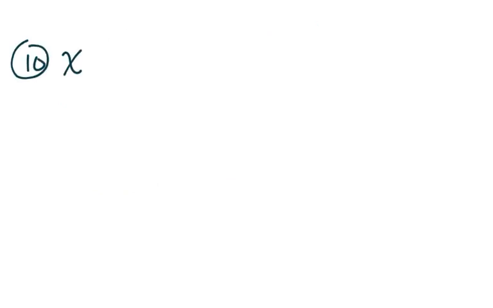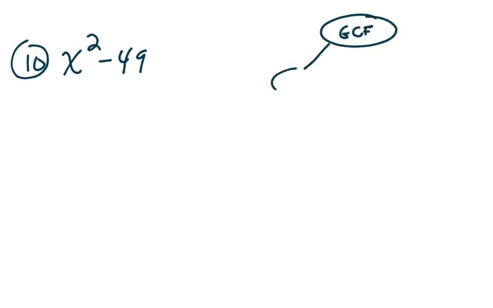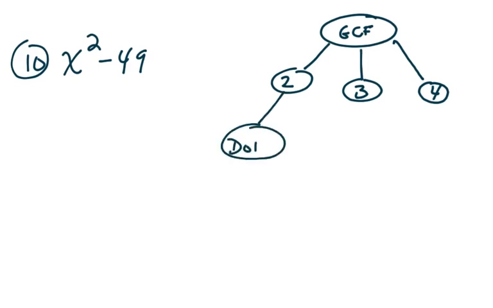Okay, question 10 says to factor the polynomial completely. Now, if you remember, we had that worksheet, that handout that I gave you that said GCF is what the first thing you want to look for. And then it said 2 terms, 3 terms, or 4 terms. And if it was 2 terms, look for a difference of perfect squares.